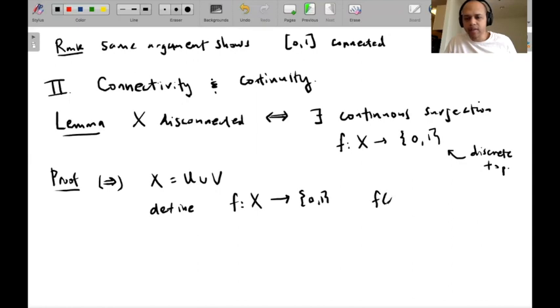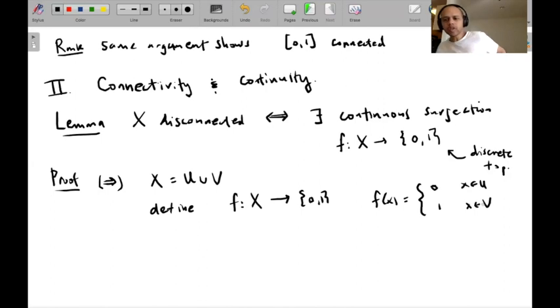So f of x is 0 if x is in U, and it's 1 if x is in V. So let's see these properties. So this is continuous because U and V are open. It's surjective because U and V are non-empty. And it's well-defined because U and V are disjoint. Okay.